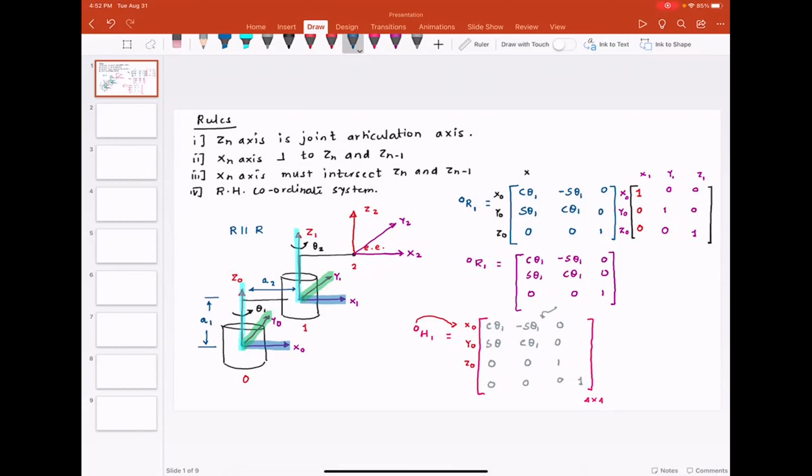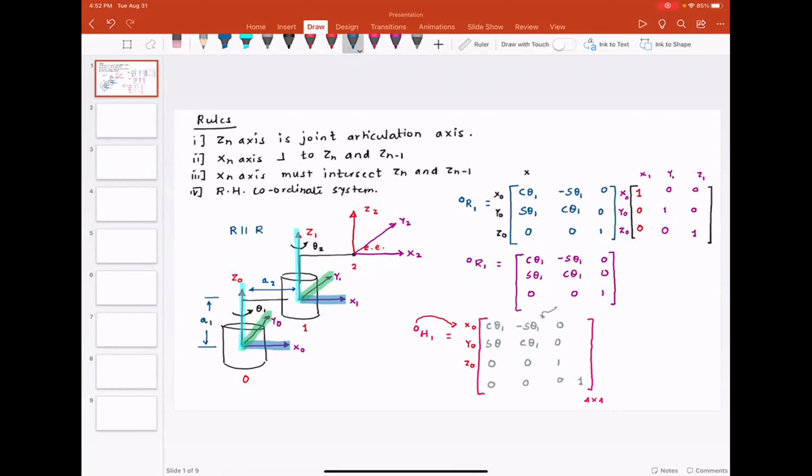So now I want you to observe that my frame number 1 is at some offset distances from frame 0. Do you agree with me? Now I need to find out what is the position of frame 1 with respect to frame 0.